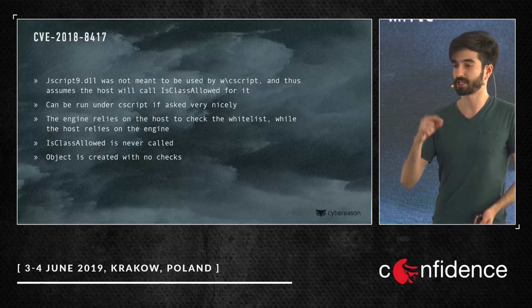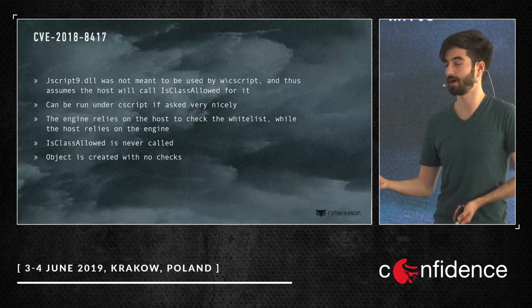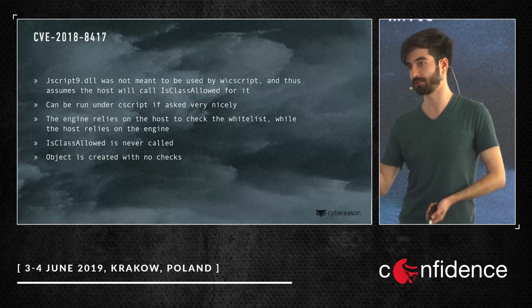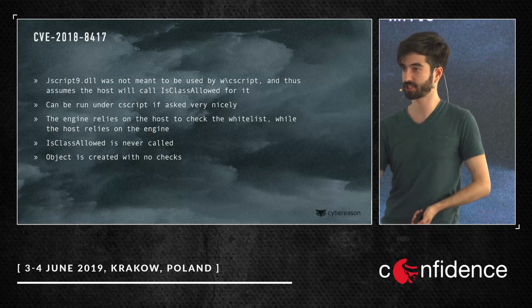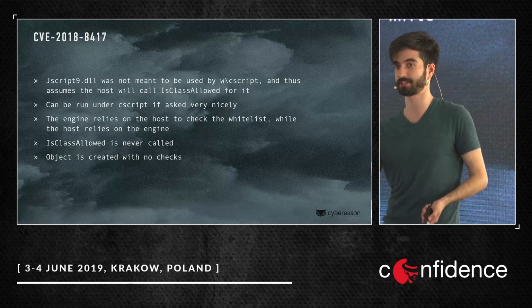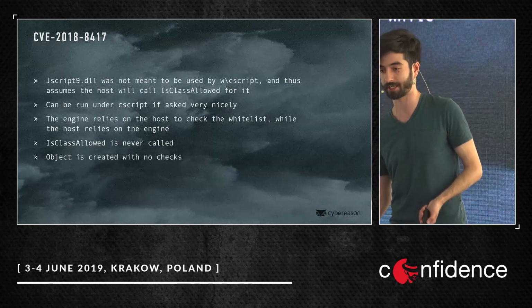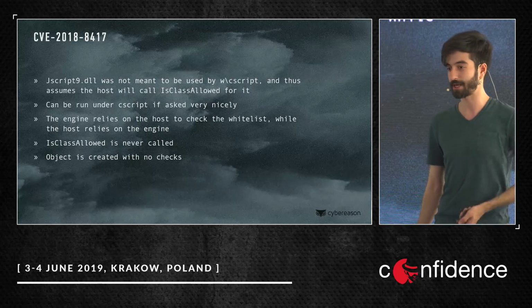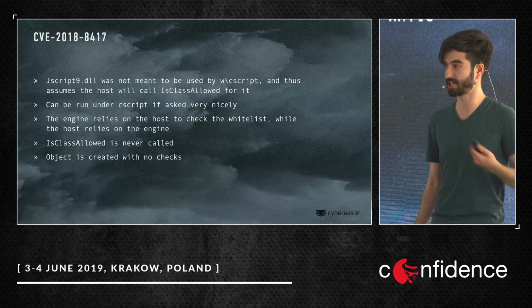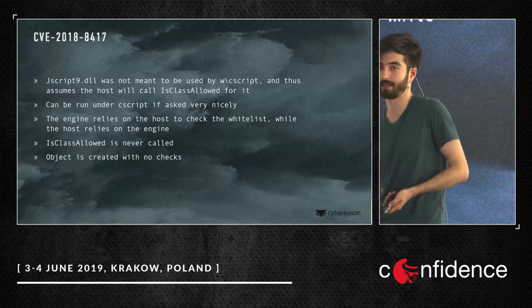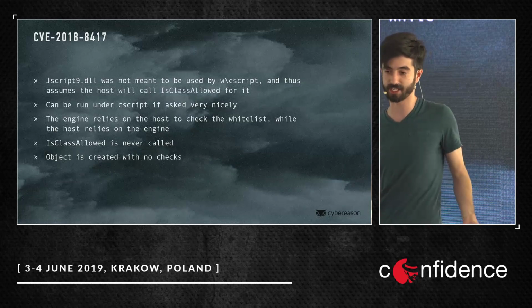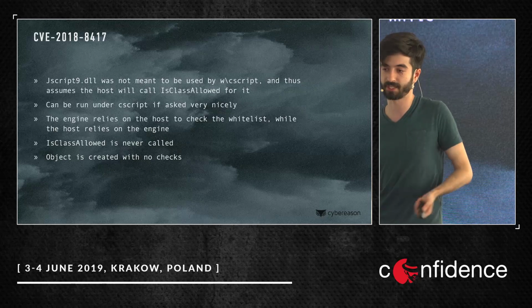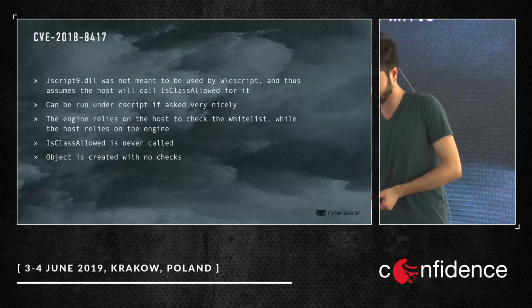So if I'm trying to run it under CScript, JScript 9 never checks is class allowed. CScript just gives the pointer to is class allowed and says, the engine will check it. So it never checks by itself, meaning that is class allowed is never called. Nobody checks for the validity of the COM object, and I can create pretty much anything I like under CScript.